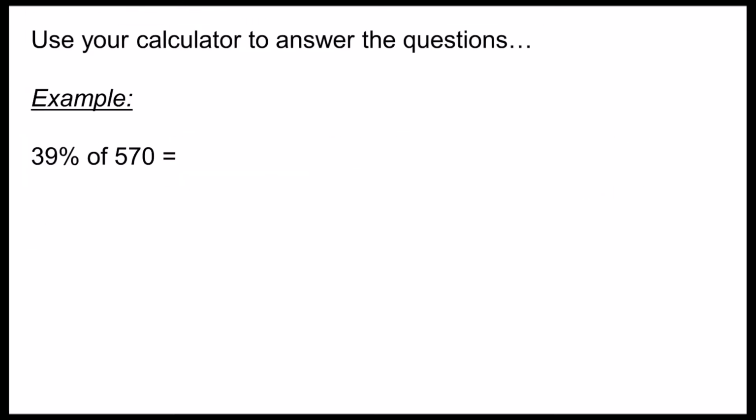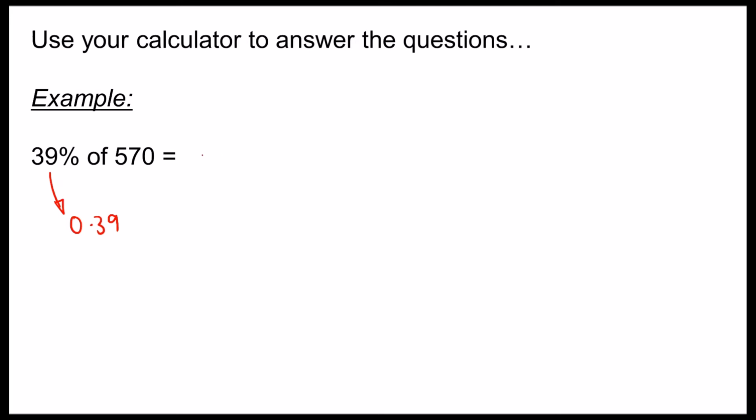So let's have a think about how we can use this idea of multipliers to help us work out this percentage of an amount question. It asks us to work out 39% of 570. The first thing I need to do is recognise that 39% is the same as 0.39 as a multiplier. That's 39 divided by 100.